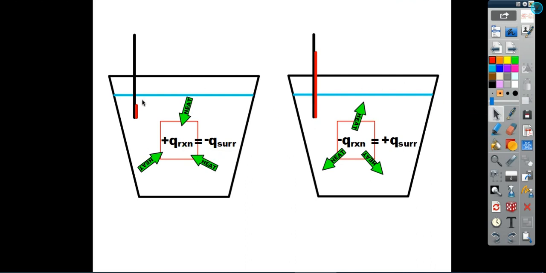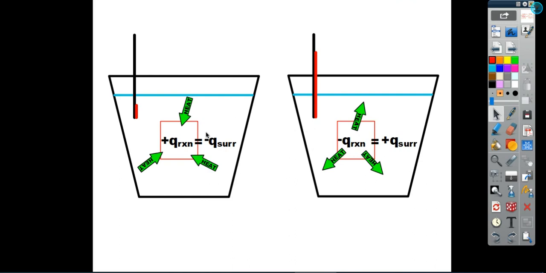And if you notice when you are performing the experiment that the temperature is going down, essentially the surroundings temperature is going down, and therefore it's losing heat or giving heat off, and the reaction itself must be absorbing it. Conversely, if we notice a situation in which our temperature probe was increasing, that means the reaction itself must be giving heat off.